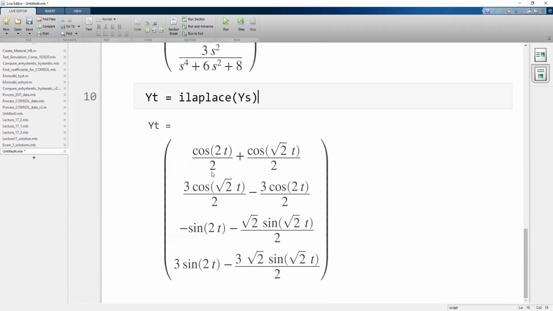All right, so then you have 4 solutions. These 4 solutions correspond to your 4 state variables. Remember how we define it. So this is x1, this is x2, and then this is x1 dot. The last one is x2 dot. So in this method, we're getting 2 displacements and 2 velocities. So just make sure you understand which entity is which.